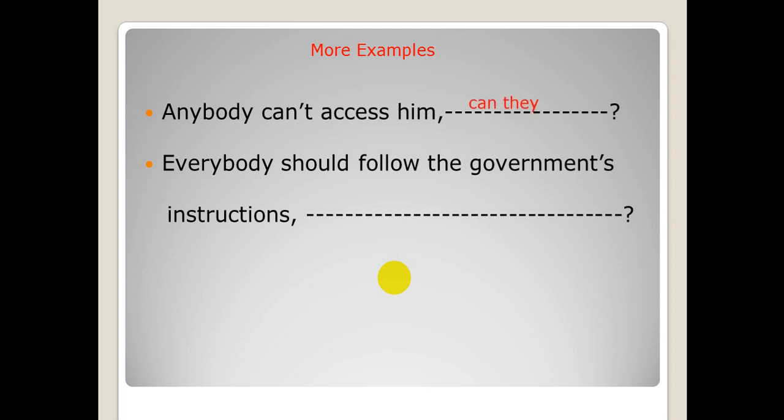Look at the first one and the second one: shouldn't they? The first statement was negative, so the tag is affirmative, and the second statement is affirmative, so the tag question is negative: shouldn't they?